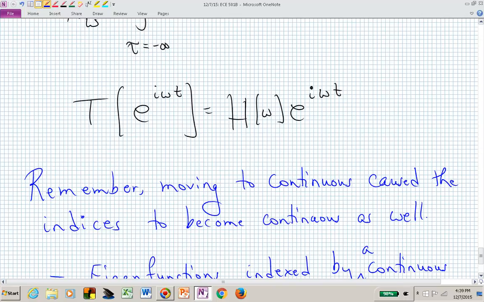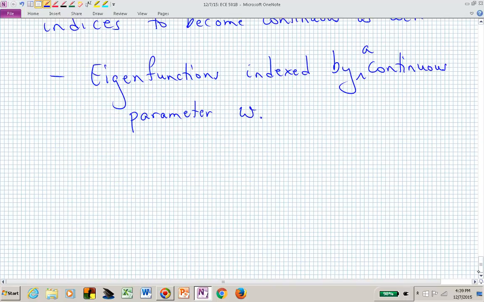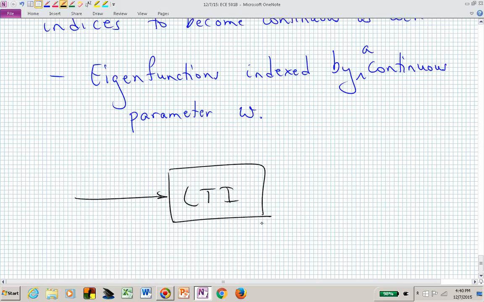So that now we can think about having this relationship in a block diagram form. Here's our linear time invariant system. We apply to that some rotating phasor, e to the i omega t. This is now u omega of t.